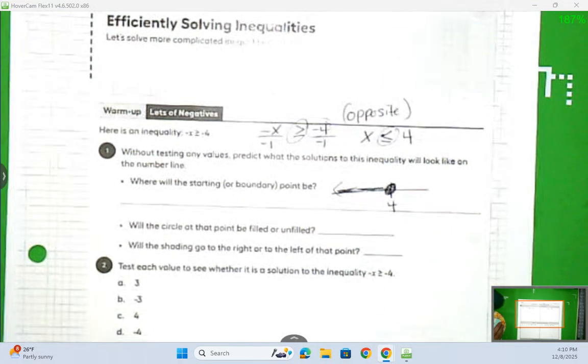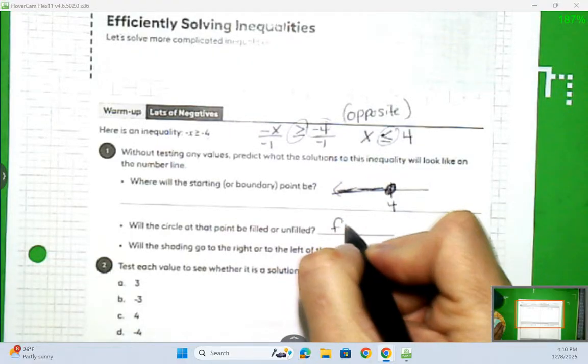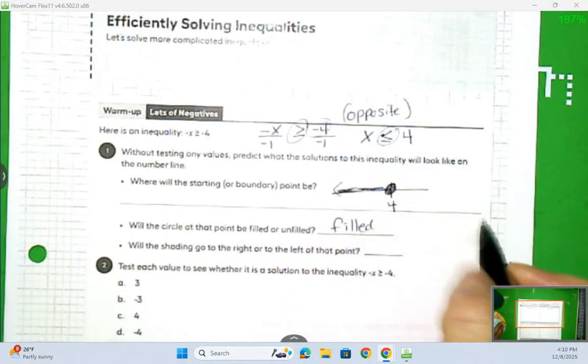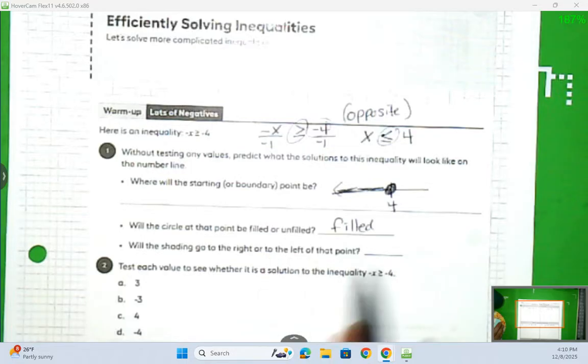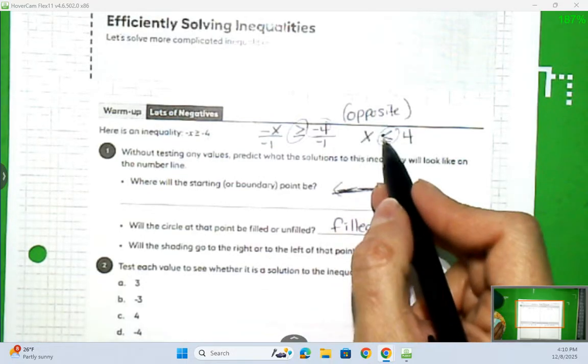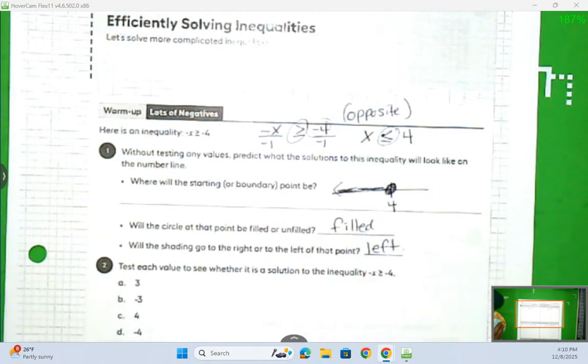Will the circle at that point be filled in or unfilled? It's going to be filled in because it includes it. Will the shading go to the right or the left? Less means to the left, so that would be shading to the left.